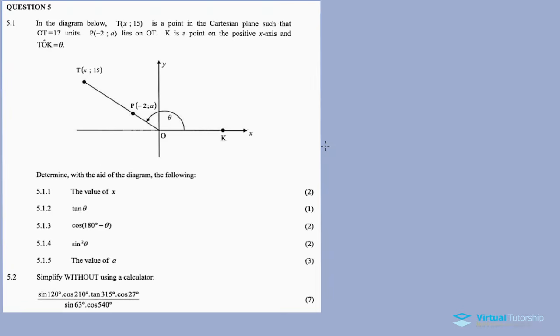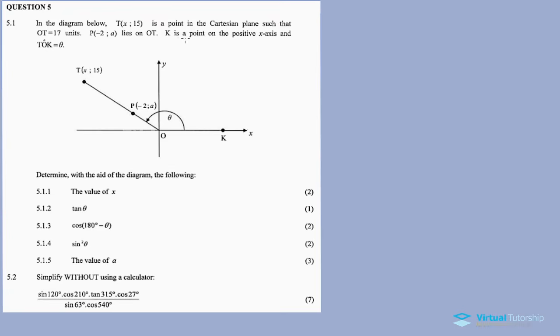Now 5.1, we are given a diagram below. There's a point T in the Cartesian plane such that OT, the length of this arm, is 17 units, and then we have P, which lies on OT. So the point P lies along the line OT.